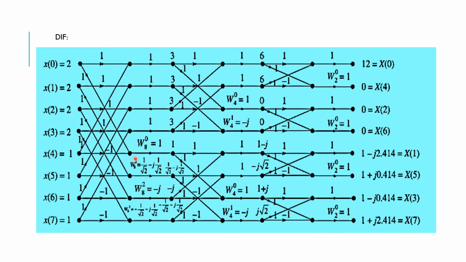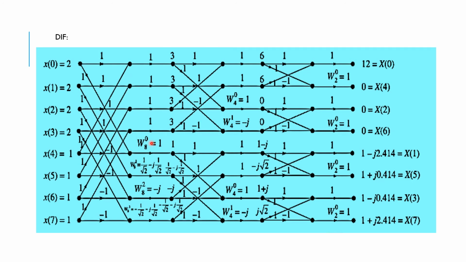Now here I am taking this second set of lines. This is your N by 2, which is actually your first stage. It is the decimation sequence. Now look at this stage. 1 goes directly from here, so it is 1. Sorry, here 2 comes from here.